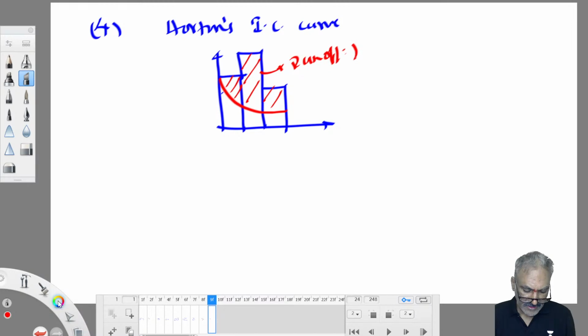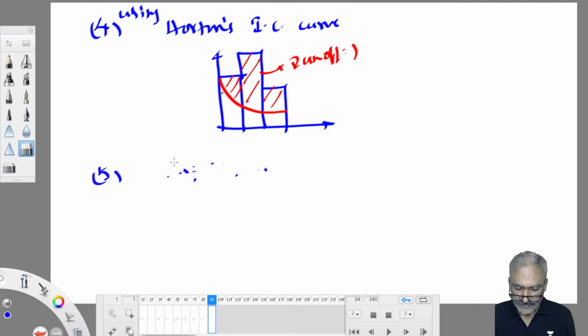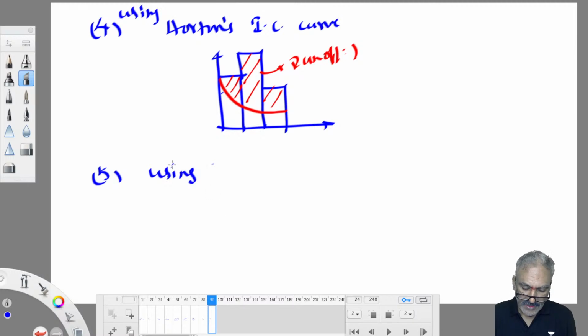Measure that, and you will get it. Then using infiltration indices also you can find out the runoff component. All these things we already discussed. To teach you one particular method, this topic is designed using infiltration indices.